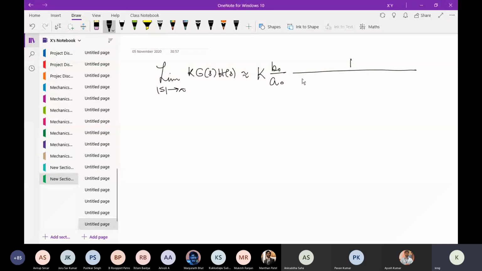1 by s to the power n minus m. Actually, it will be helpful for you if you take up pen and paper and try to do what I am doing.